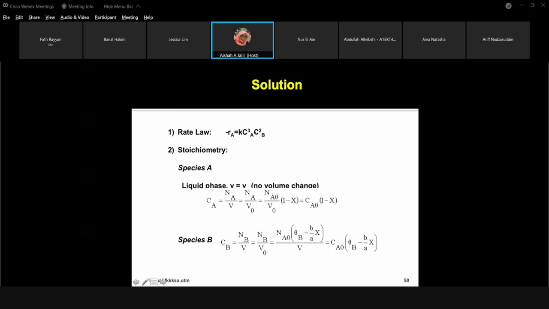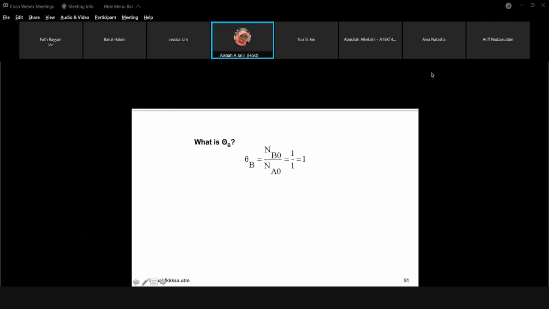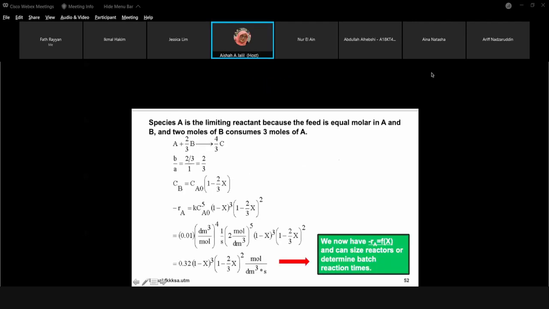Here, this is the rate law, and then this is for CA, for CB, and for theta B, and then you just put it like this. Don't solve or calculate from the beginning.